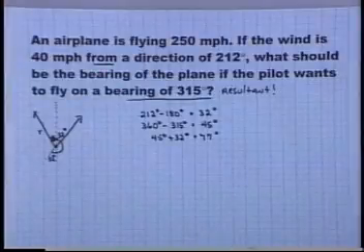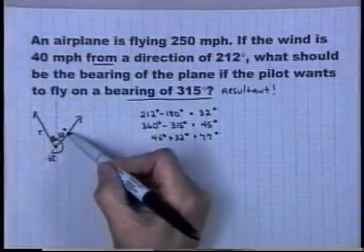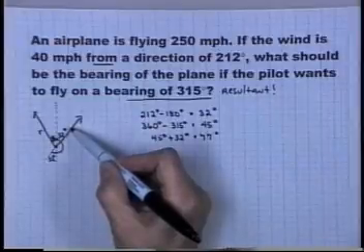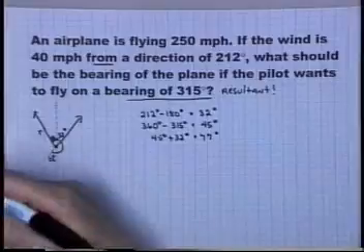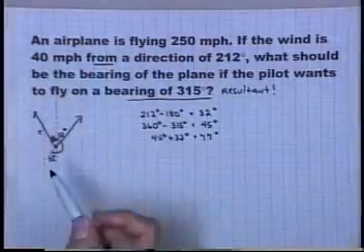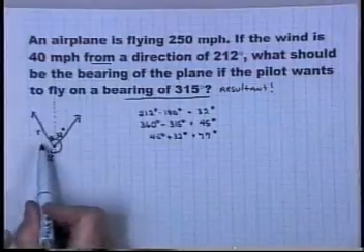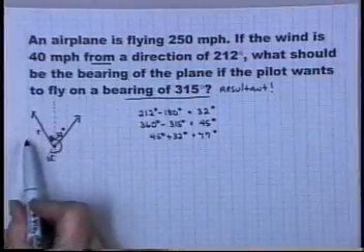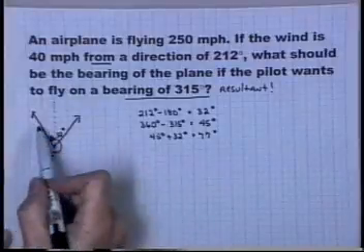Now, let's see if we can figure out about where we need to go. If the wind is blowing this way, that means as we fly, our plane is going to be moved this direction. So we know that our plane needs to start out somewhere over here, so that when it's blown off course by the wind, it will end up on this resultant.